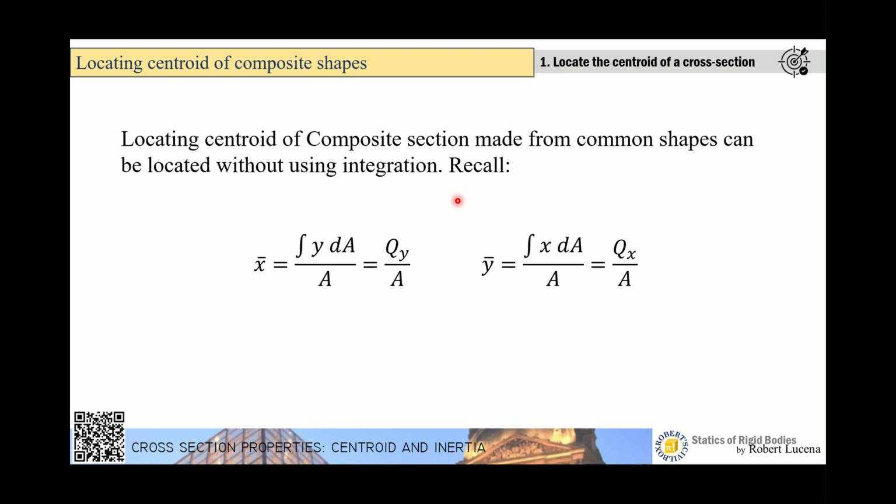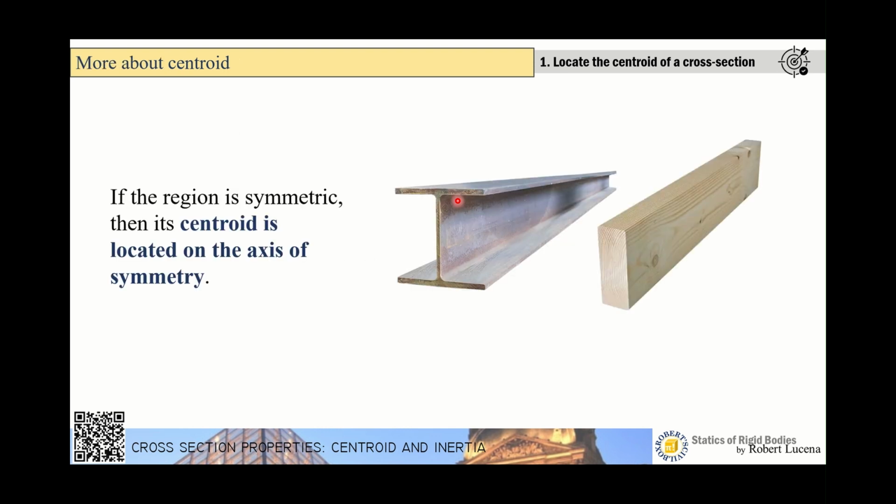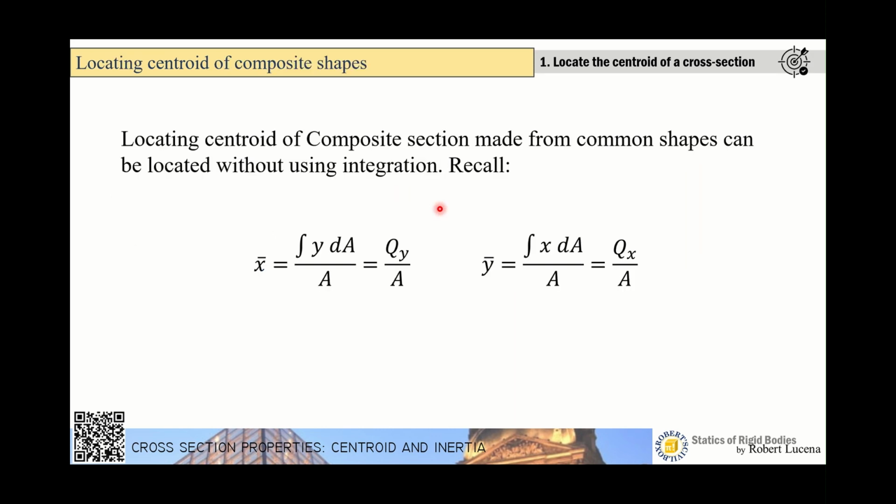But this time, we're dealing with composite shapes, which may not be rectangle, triangle, or square, but are a composition of common shapes.